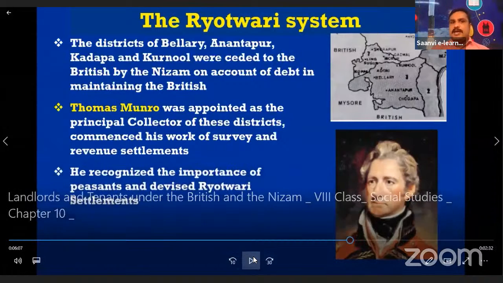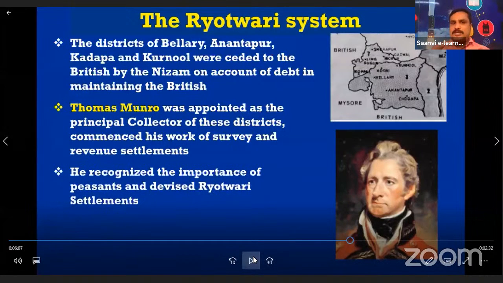He commenced his work of survey and revenue settlement. Survey is nothing but, under this Ryotwari system, the government decided to inquire how much land was occupied by the peasant, and based on that they fixed the revenue or tax on them.